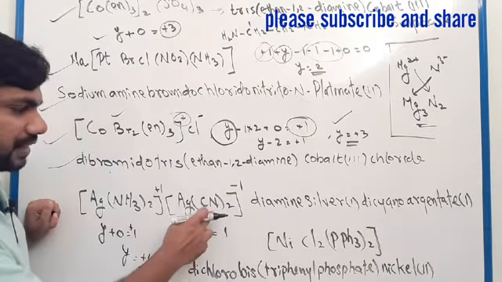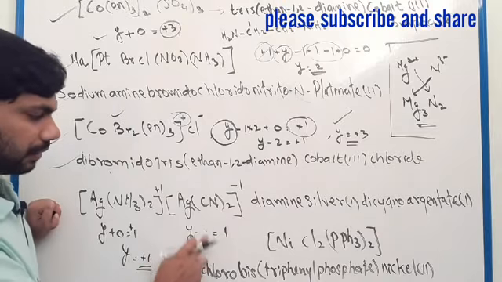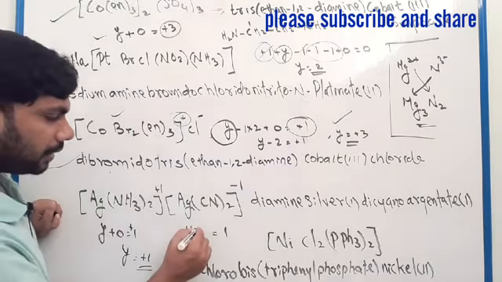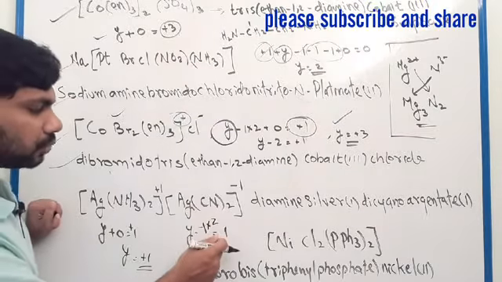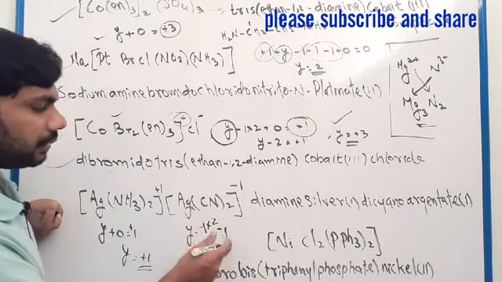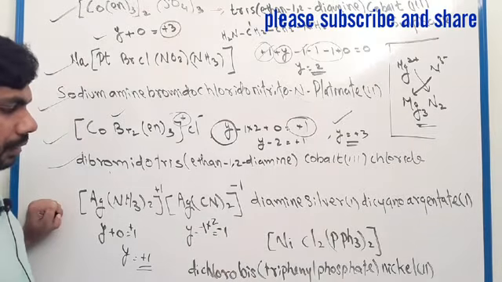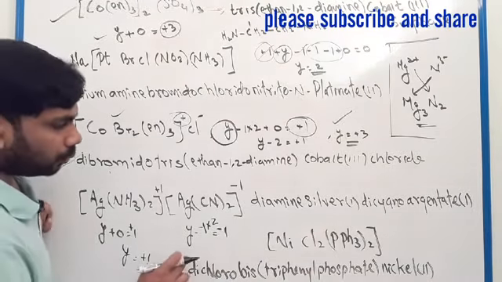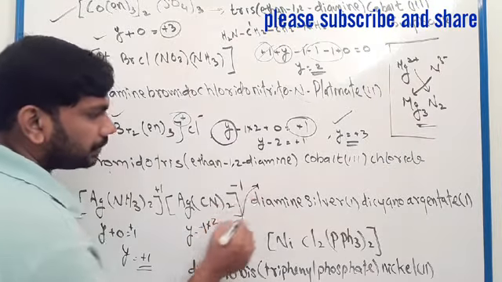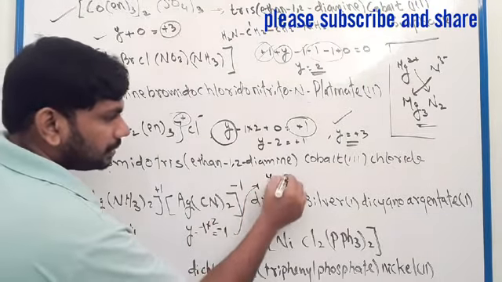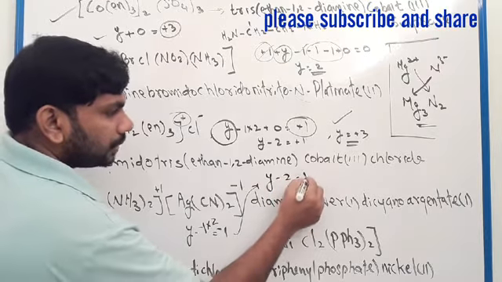Ag is unknown, CN is minus 1, times 2, because each CN is minus 1. Here the total is equal to minus 1. Now see here y. I am writing here y minus 2 equal to minus 1.